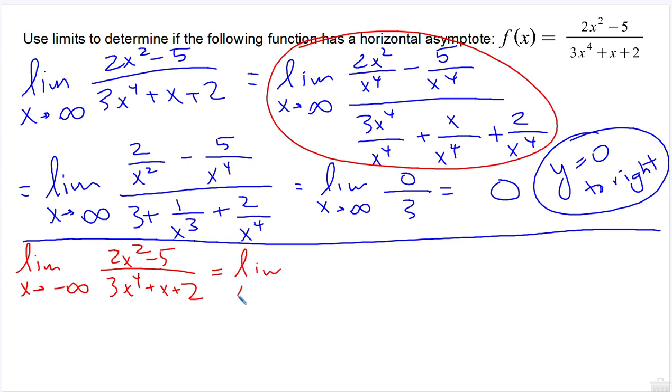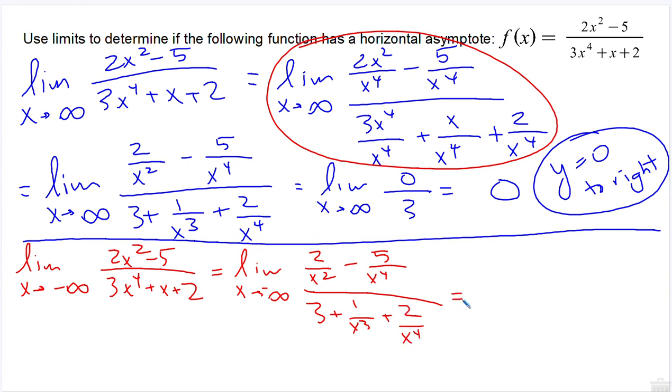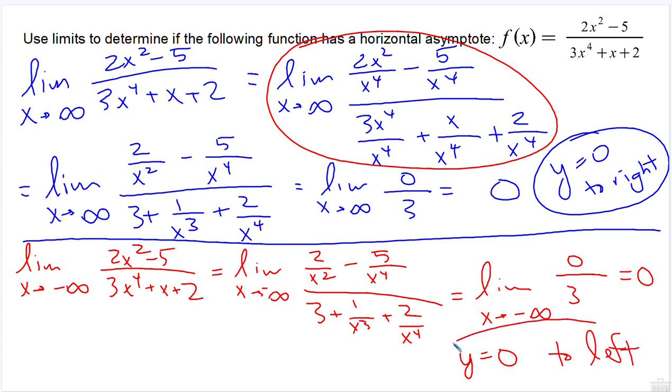It's now a limit as x approaches negative infinity of 2 over x squared minus 5 over x to the 4th over 3 plus 1 over x cubed plus 2 over x to the 4th, which is just that limit as x approaches negative infinity of 0 over 3, which is 0, which tells us that y equals 0 is a horizontal asymptote to the left, which we already knew, but we've now proven it using the limit.